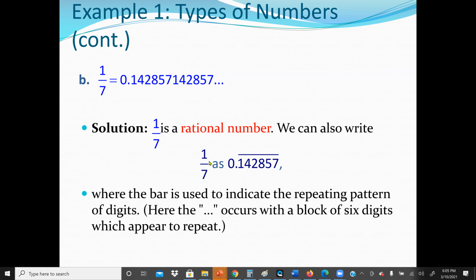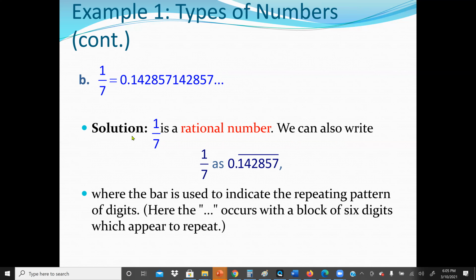After we reach 0.142857, we repeat the digits 142857. So the next digits will again be 142857.